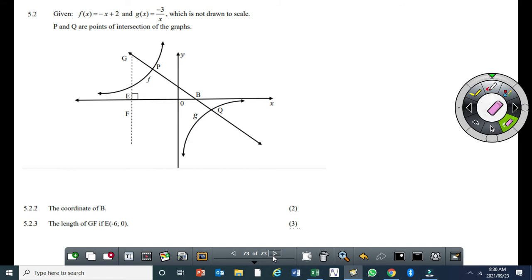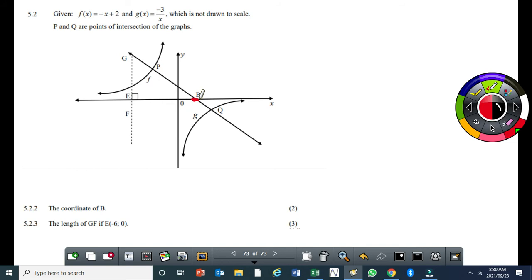So the next question is 5.2.2. Now we need to determine the coordinates of B, sorry, I saw it as an R. The coordinates of B, this is the point there.